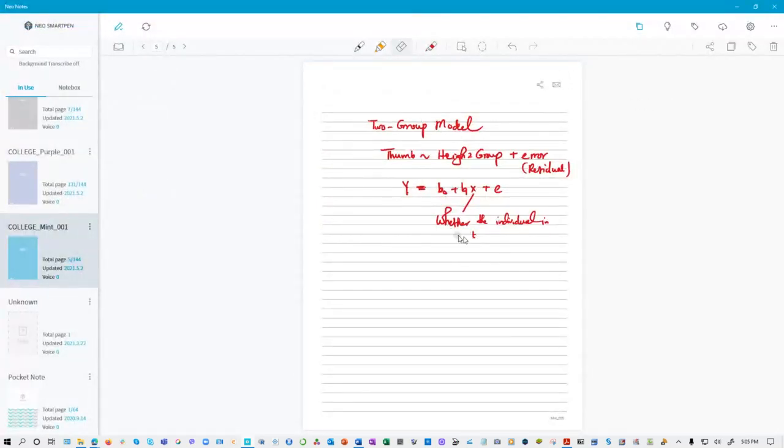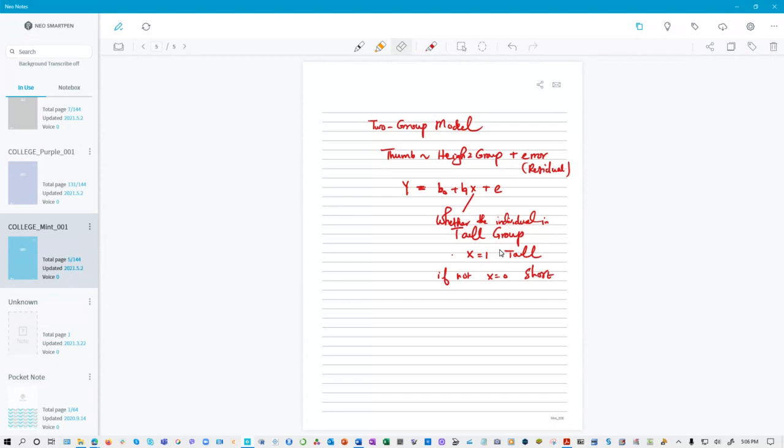The tall group, okay? If the individual is in the tall group, X equals 1, tall. If not, X equals 0, which means the short group.